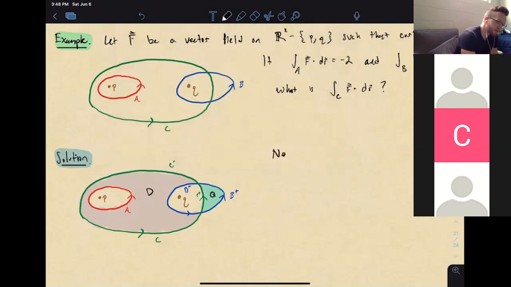First question for you guys is, what is the boundary of D? We have to be a little careful here, and sorry, I know it's confusing. Maybe I'll ask again, keeping in mind that I named these things different things.